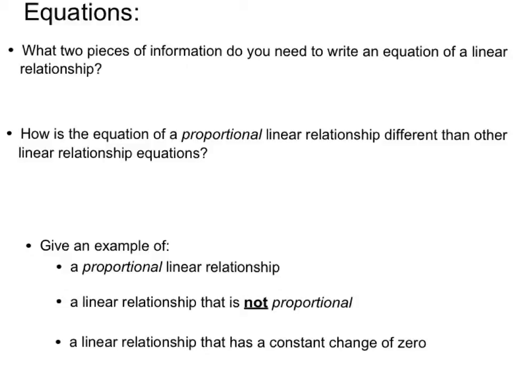In Investigation 1, we wrote a lot of equations, and we were focusing on trying to recognize, first of all, linear relationships, what those equations are like, but we were starting to look at two-step linear equations. So if I have a two-step linear equation, what two pieces of information do I need in order to write that equation?